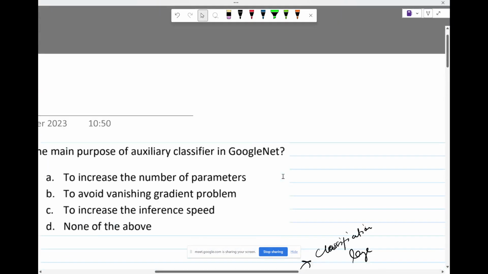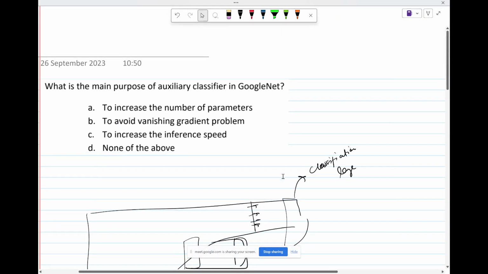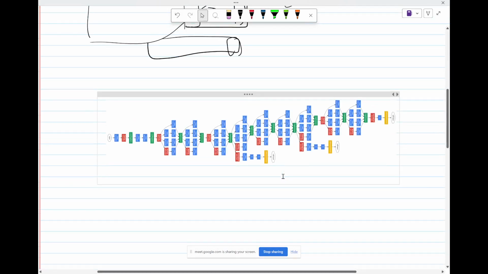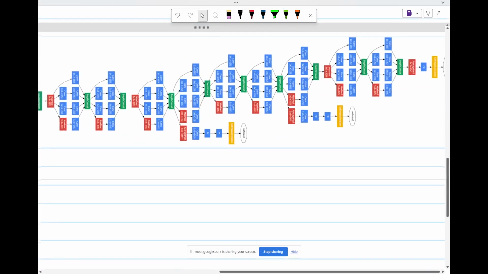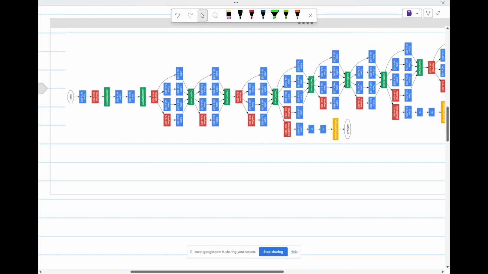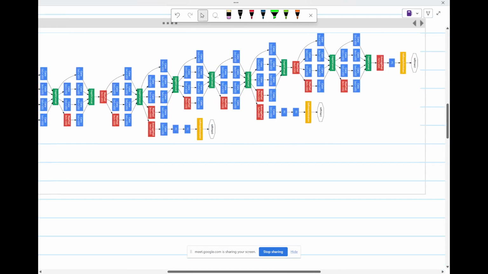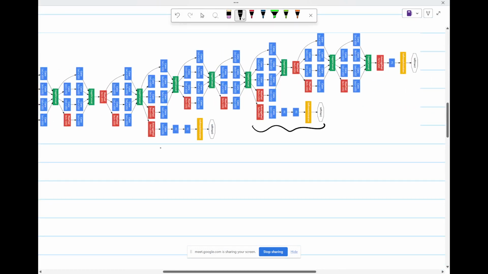and we are asked what is the main purpose of auxiliary classifiers. So the auxiliary classifiers are these extra classifiers that you have.